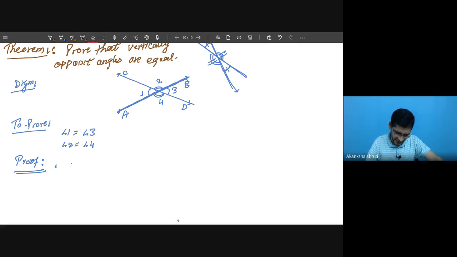So in this line AB, this point of intersection, let us consider this point as O. Are you getting this point? O means the common vertex O. So right, this is a straight line. So a straight angle is formed. A straight angle or linear pair is formed here. What are the linear pairs formed in this case?